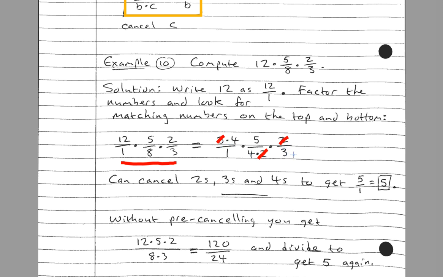these 3's. Maybe you're worried these 3's are in different fractions, but you remember when you multiply fractions, all the tops get multiplied together, all the bottoms get multiplied together. So really, we're putting all these together. We just need a number on the top to match a number on the bottom.